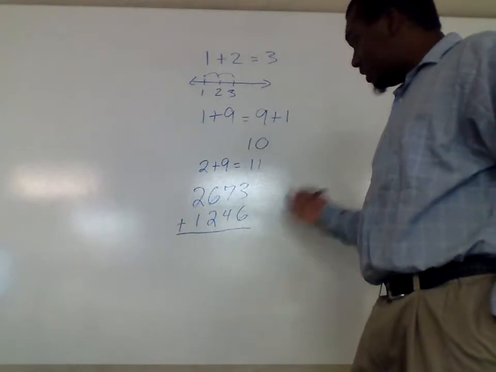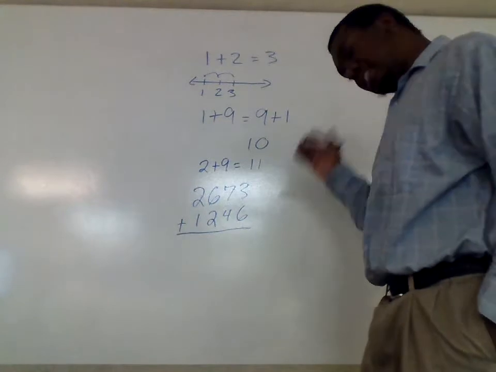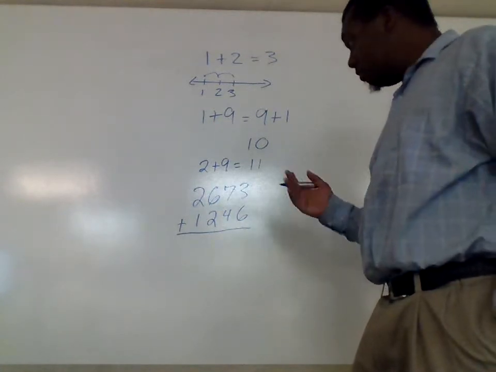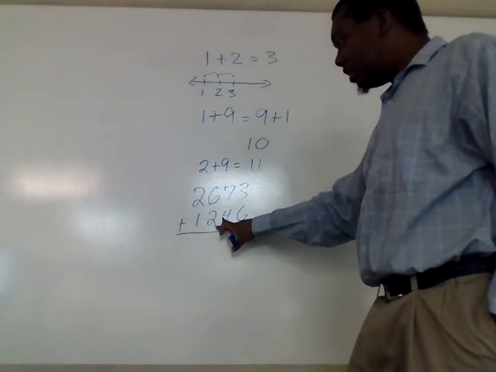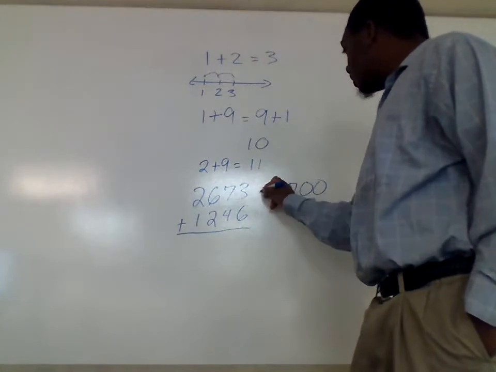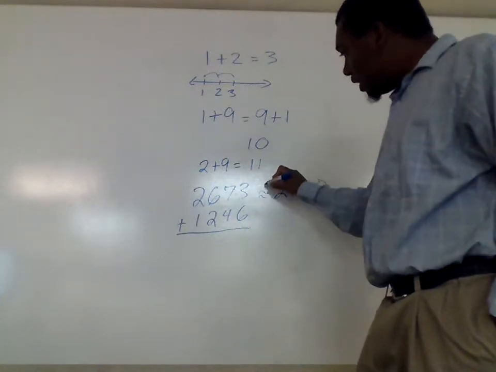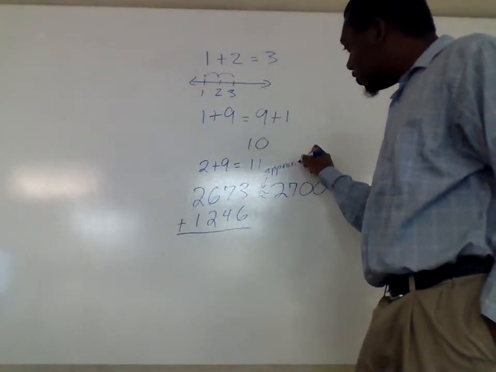So before I put this in the calculator or before I were able to present this to someone, I should probably have a good estimate of what this is going to be. Well, I could look at this as this is pretty close to 2,700 and this is close to 1,200. So I can look at this as approximately 2,700. And this symbol here means approximate. It looks like an equals. That's just wavy.